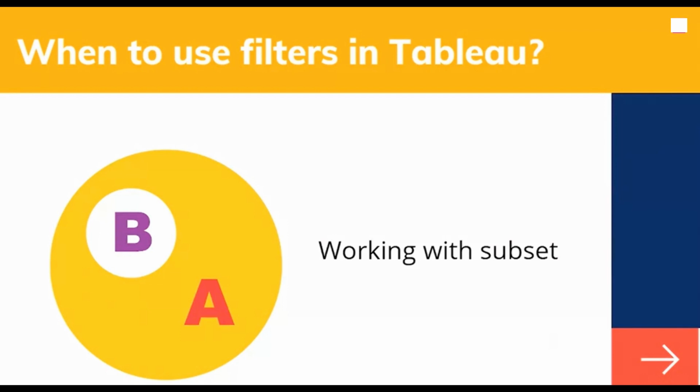So the overall objective of why we are going for a concept like filter is this: you wanted to work with a subset of your data. To achieve this process, basically what you're using is filters. So Tableau helps us to achieve this process by making use of a concept called filters.